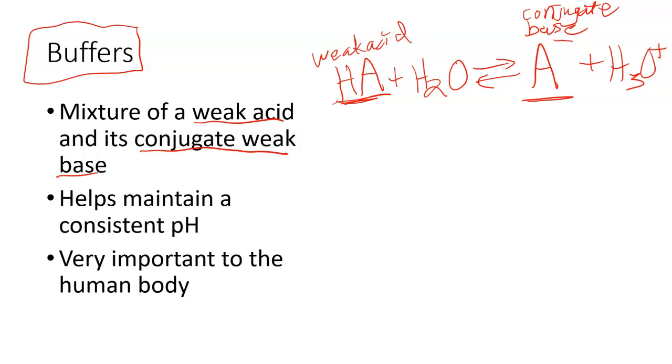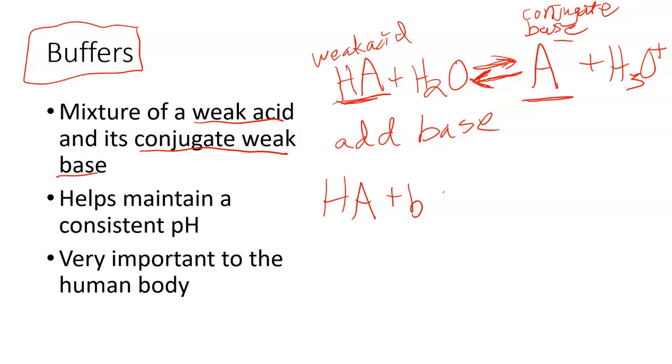So what this does is, if I add base to this, so if I add something basic to this weak acid conjugate base combo, this is going to perturb our equilibrium. So this goes back to Le Chatelier's principle and equilibrium. If I add a base, then what's going to happen is we're going to have our HA.